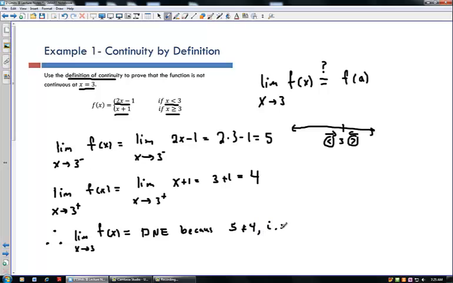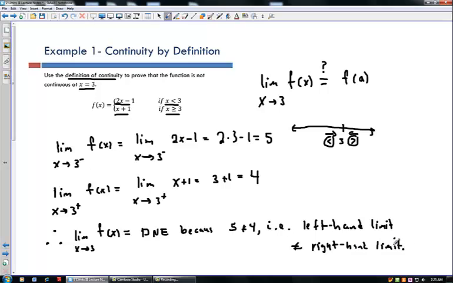That is to say, the left-hand limit is not equal to the right-hand limit. That's why the limit does not exist.